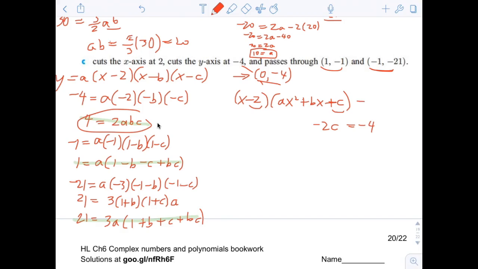Because if I multiplied this out with FOIL, the last term would be blah, blah, blah, blah, minus 2c. So minus 2c has to be equal to -4. So c is equal to 2. So we already have solved one of the variables, and then it makes it easier to solve a and b, because then there's only 2 equations and 2 unknowns instead of 3 equations and 3 unknowns.